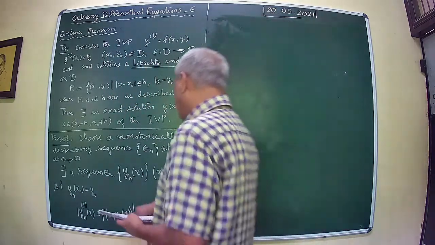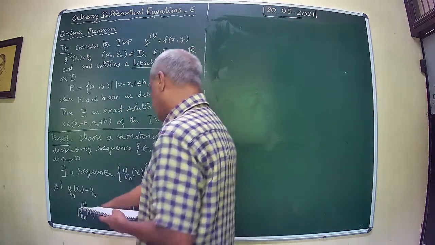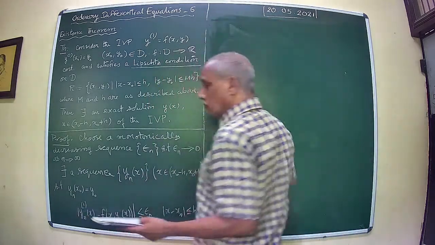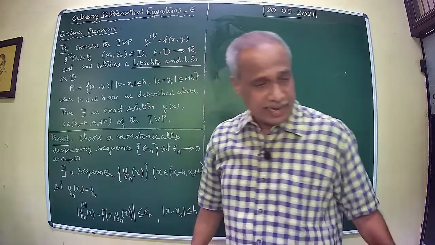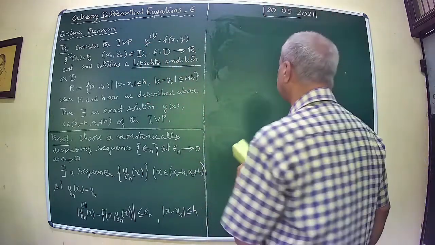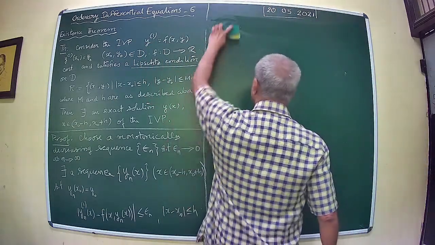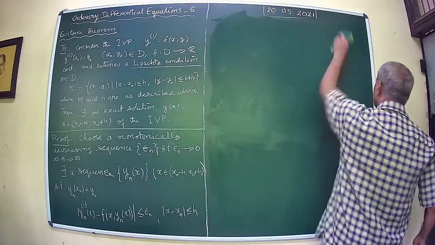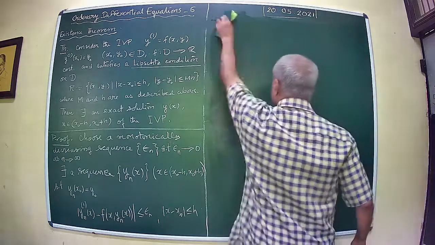Now what we can say is that these y_n are continuous, but y_n have a problem of differentiability on a finite set of points. Each y_n has a set of points on which it will fail to be differentiable. Now this is a problem.